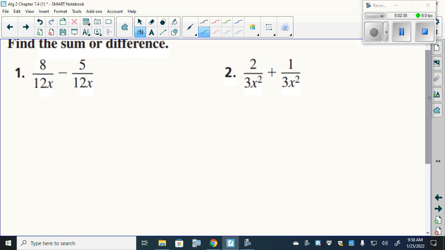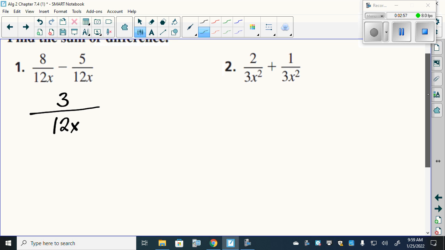All right. So for number 1, 8 over 12x minus 5 over 12x, well, the denominators are the same. And we can subtract the numerators. So 8 minus 5 is? And that would be our final answer, yes?